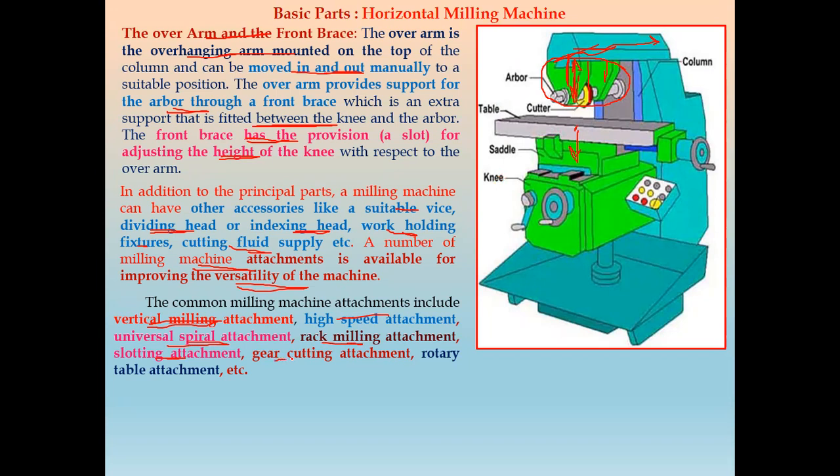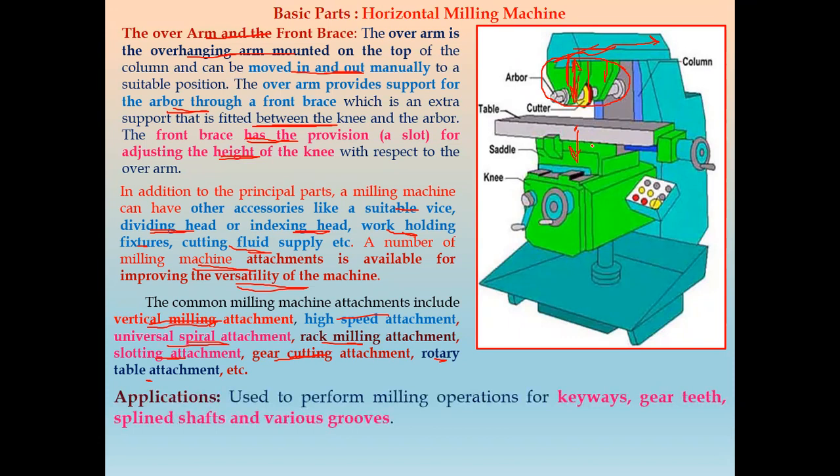Then we have a gear cutting attachment, by which we can cut gears on this milling machine. And we have a rotary table attachment, on which we can rotate the work table. So these are the common milling attachments used to improve the versatility of the milling machine.